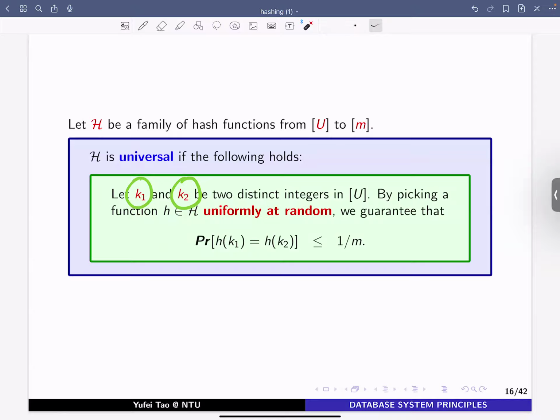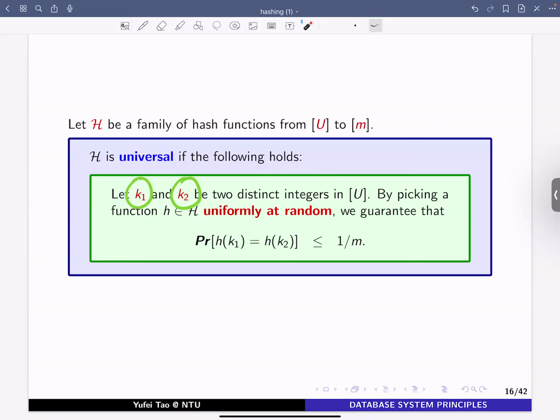So indeed, in this case, we say there is a collision in hash values. Once again, a collision happens if K1 and K2 are two different keys, however, their hash values are the same. You have to bear in mind they are different. If they are the same key, their hash values will definitely be the same. But if they have distinct values and also their hash values are the same, then we say a collision happens.